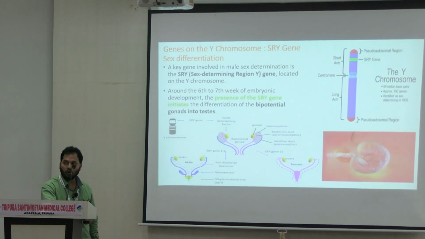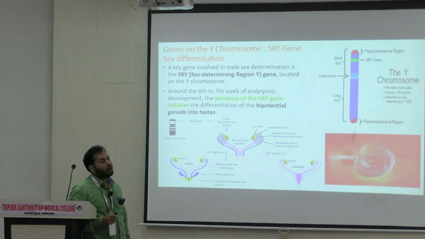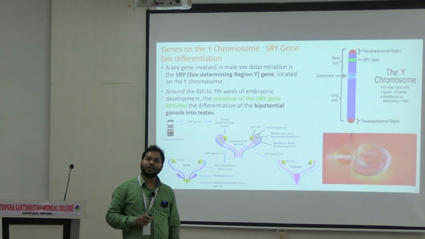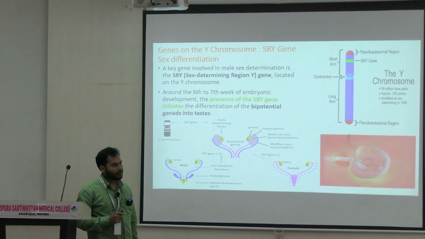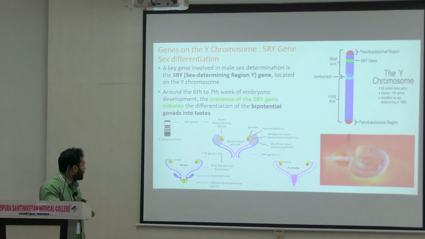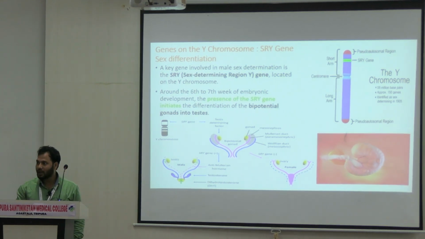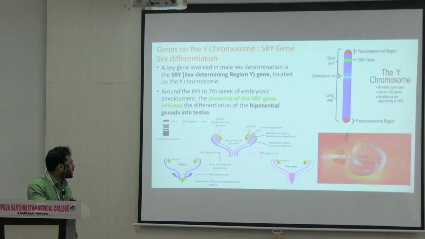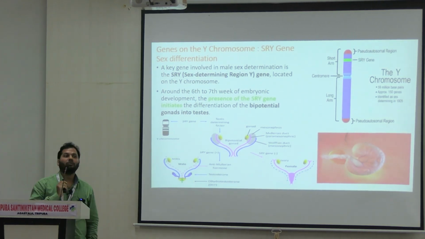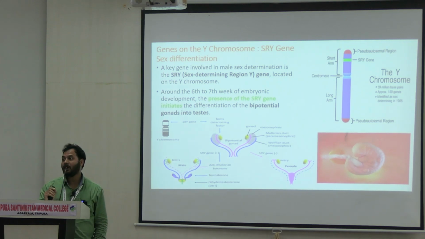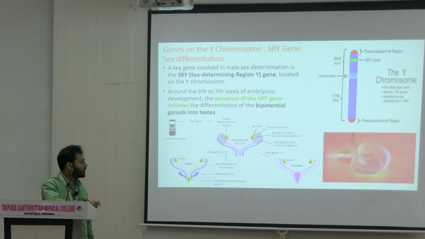All these three hormones are mainly involved with the development of both the male internal genitalia as well as male external genitalia, right? And this hormone synthesis or these hormone secretions totally depend on the differentiation of the Wolffian duct only, because the Wolffian duct is responsible for the development of the male gonad, right?